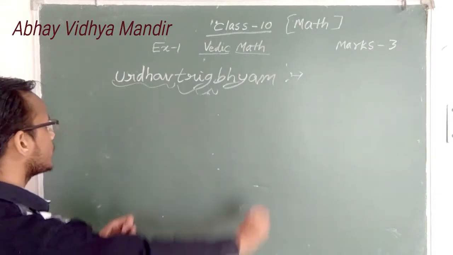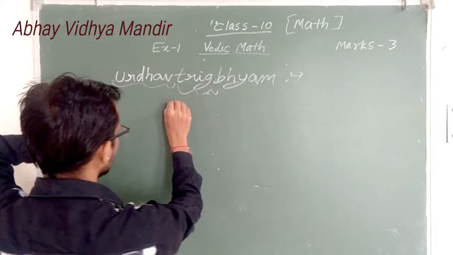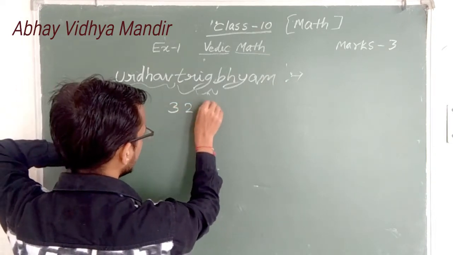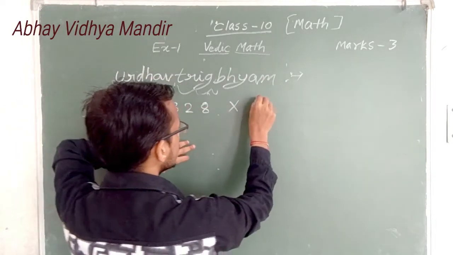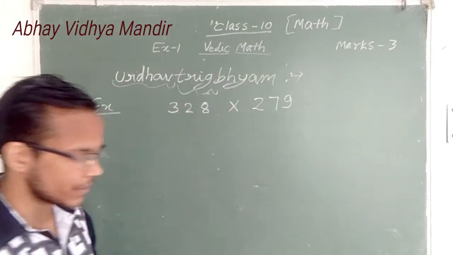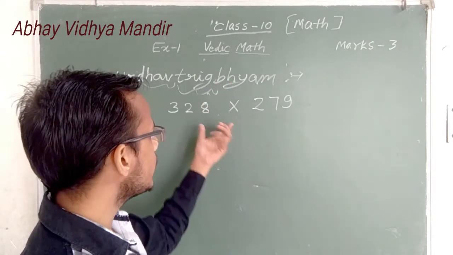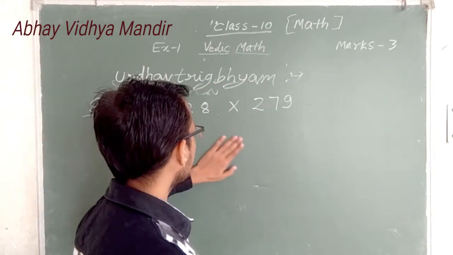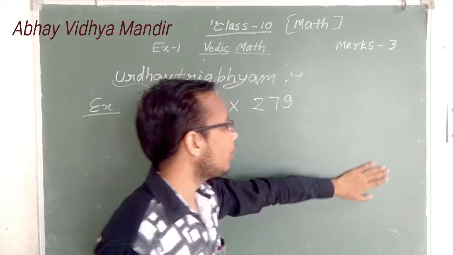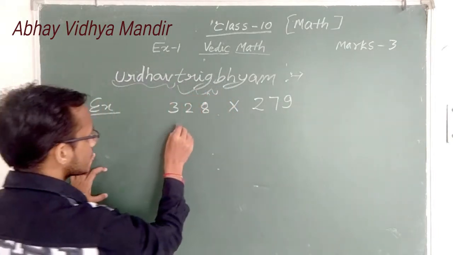Here is an example: 328 multiplied with 279. How can we solve this by this formula? First we have to know how many steps to make.